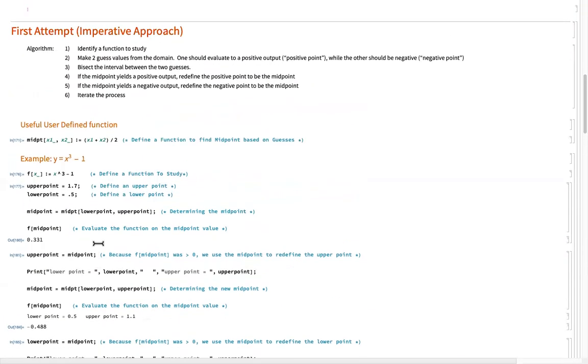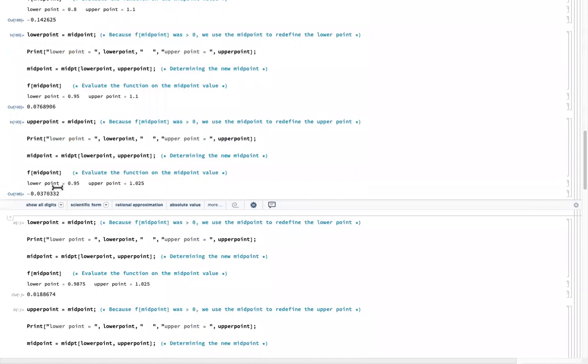And you'll see what's happening here. Remember, because my function is x cubed minus 1, I know the solution is 1. Look what happens to the gap between the lower point and the upper point. They sandwich the solution. So now I'm at 0.95, 1.025.